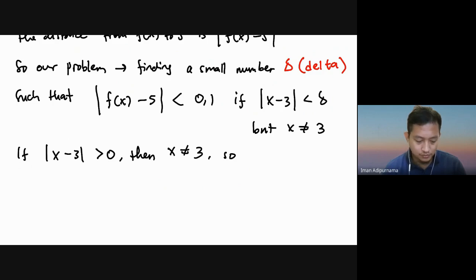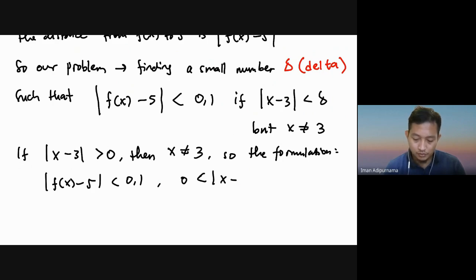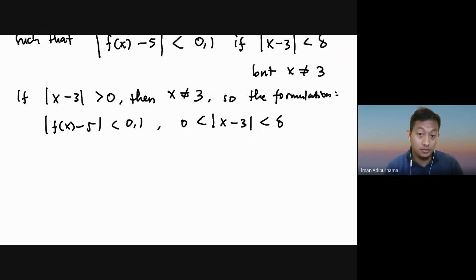So the formulation can be written as, this is the same for the function, and this will be from 0 less than the distance, x minus 3, less than delta. So we need to find the distance.